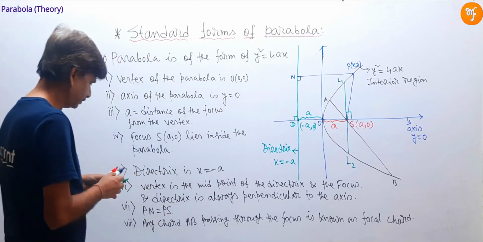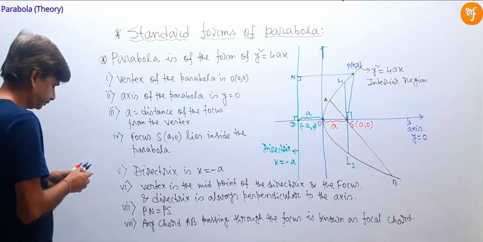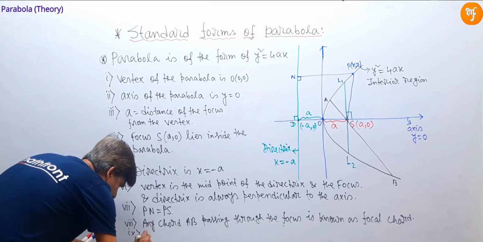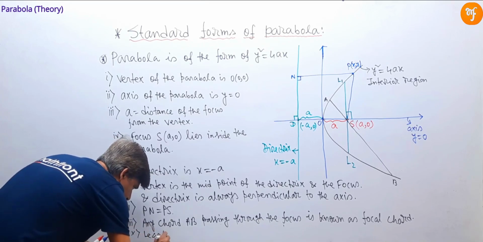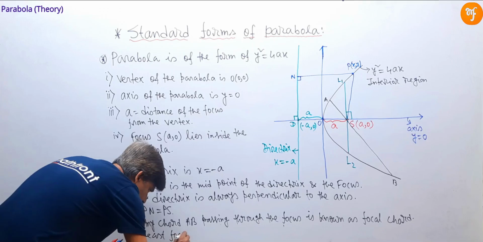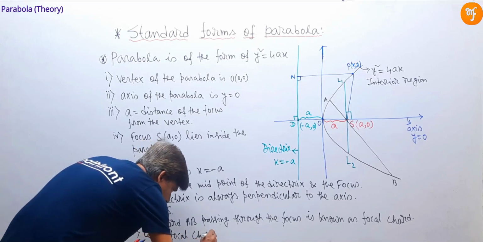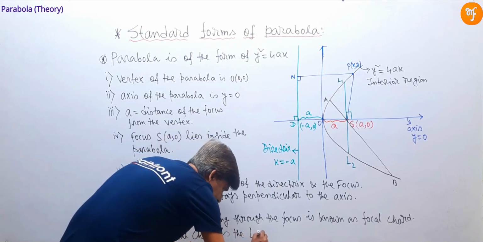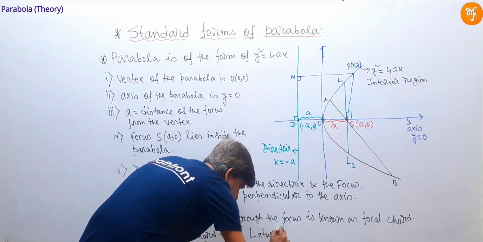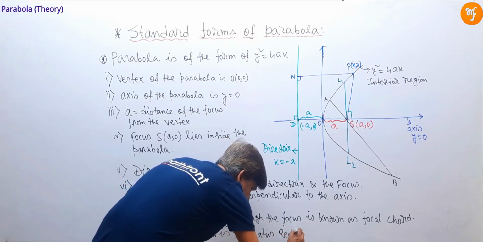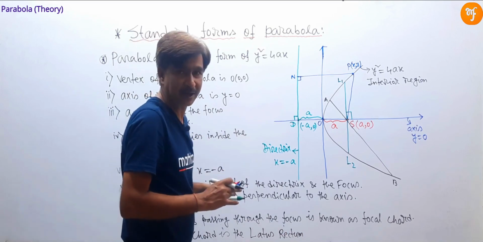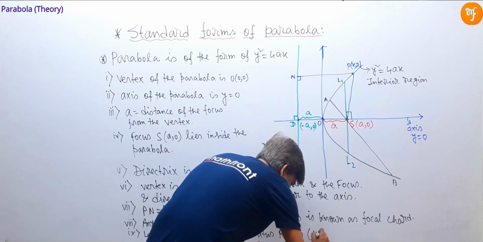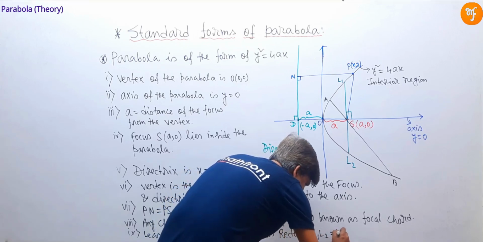Okay? So write down please. Least focal chord is the latus rectum. In the diagram, it is L1, L2, whose length is basically equal to 4a.